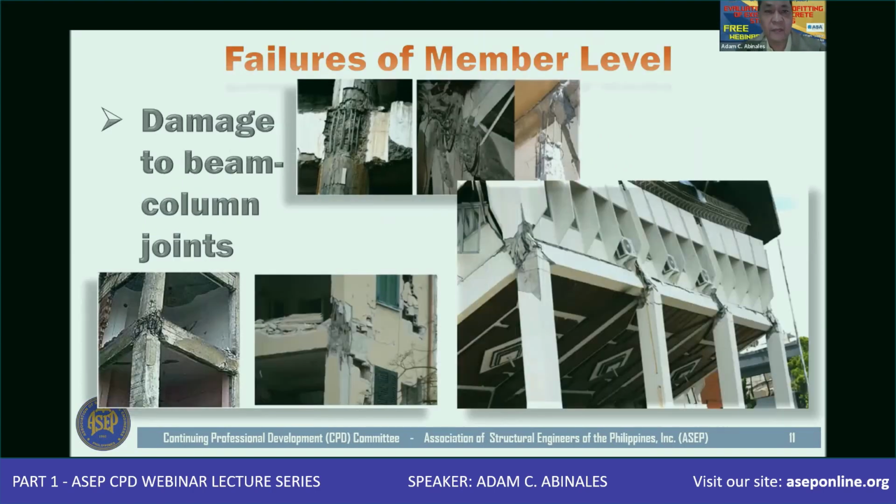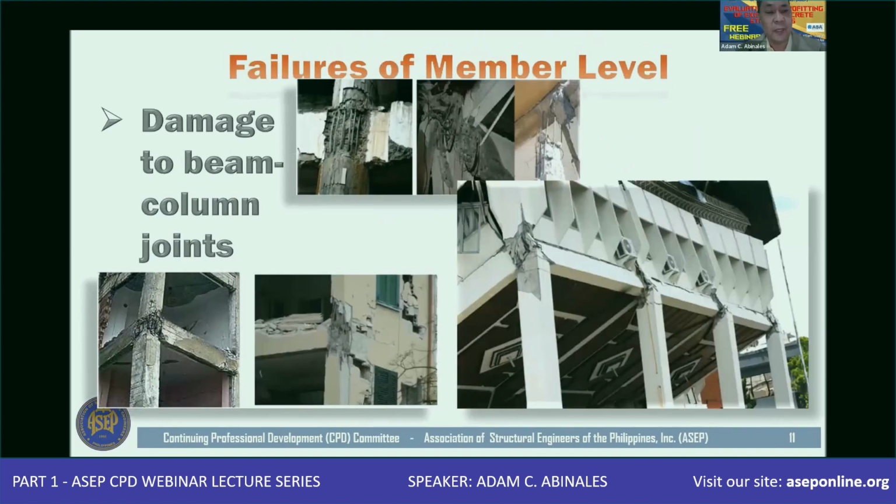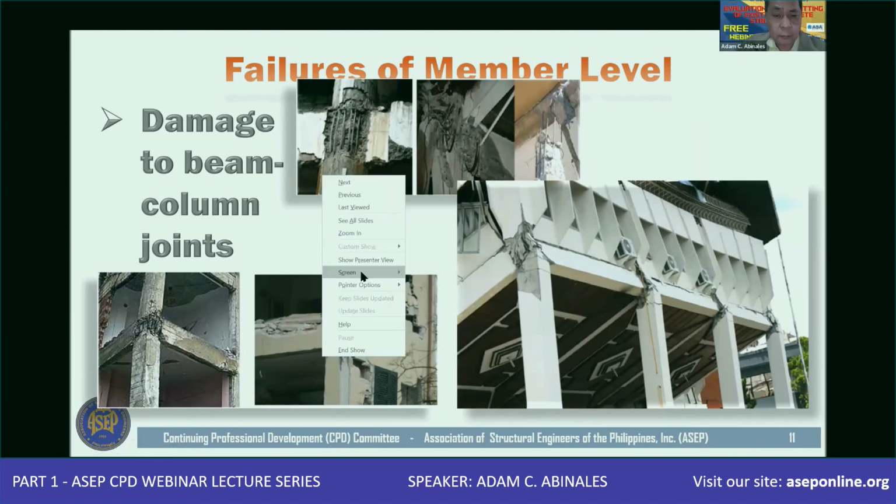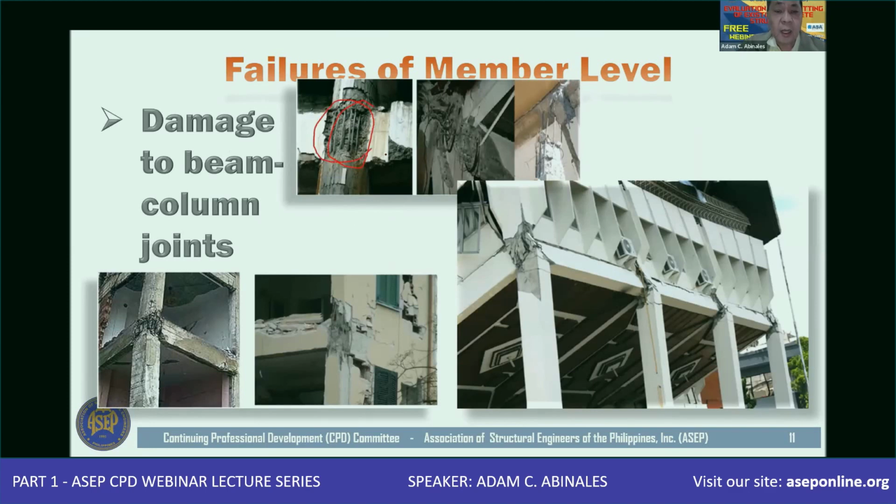Then, of course, you have this damage to beam column joints. As you can see here, you have exposed reinforcement, but looking at this joint here, it seems that the longitudinal reinforcement in that joint has no sufficient transverse reinforcement.